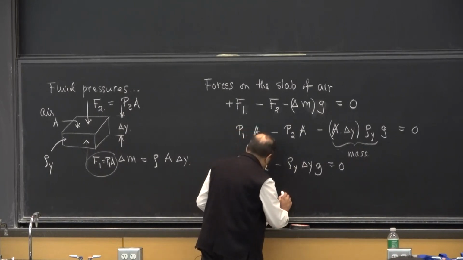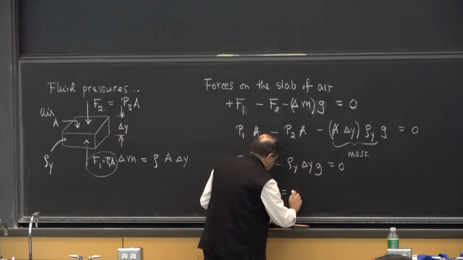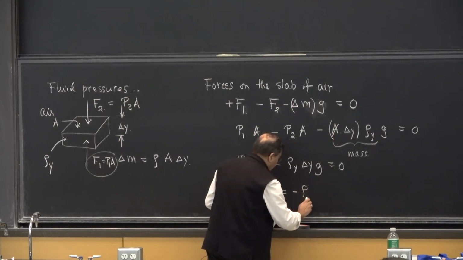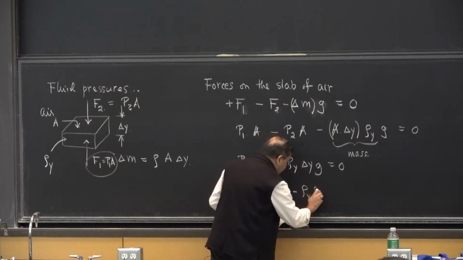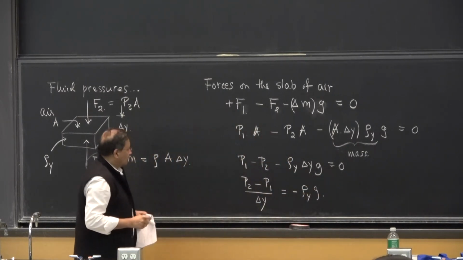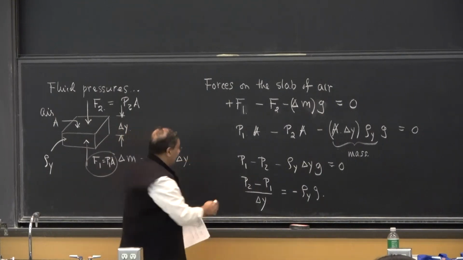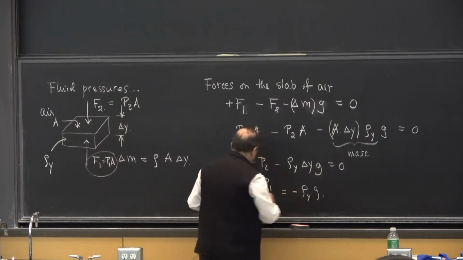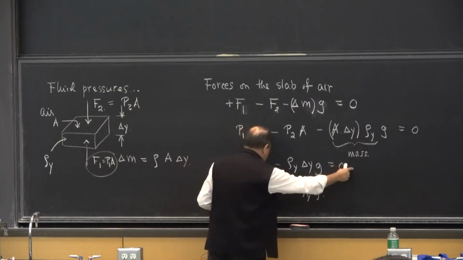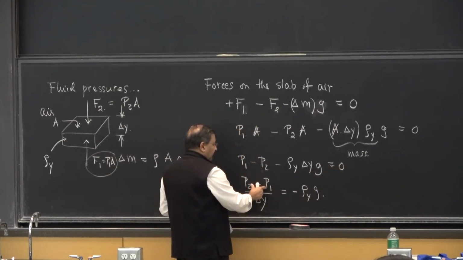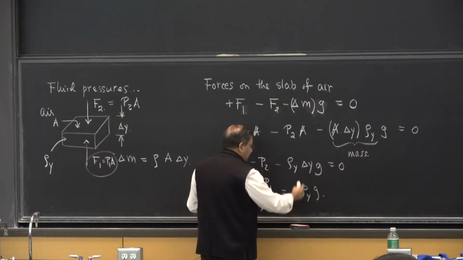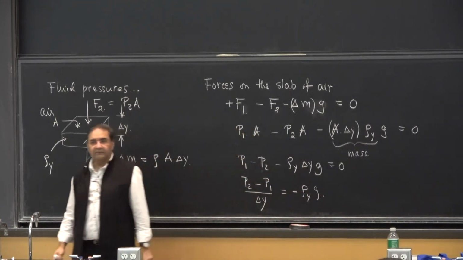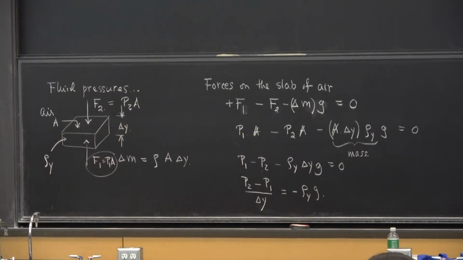I'm not doing anything different. It is minus rho of y times g. So in other words, I've just rearranged it. I've taken P2 to the other side, so P2 becomes positive, P1 to the other side, P1 becomes negative. So flip that, divided both sides by delta Y, so delta Y goes away, and I'm left on the right side with minus rho of y times g, the product.